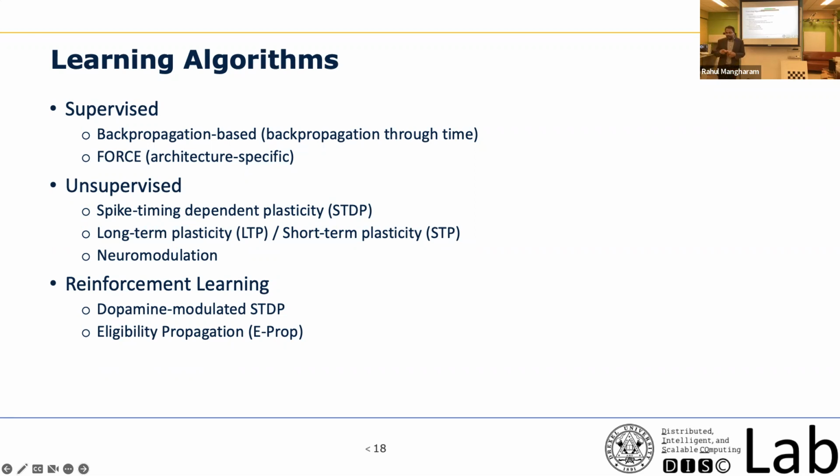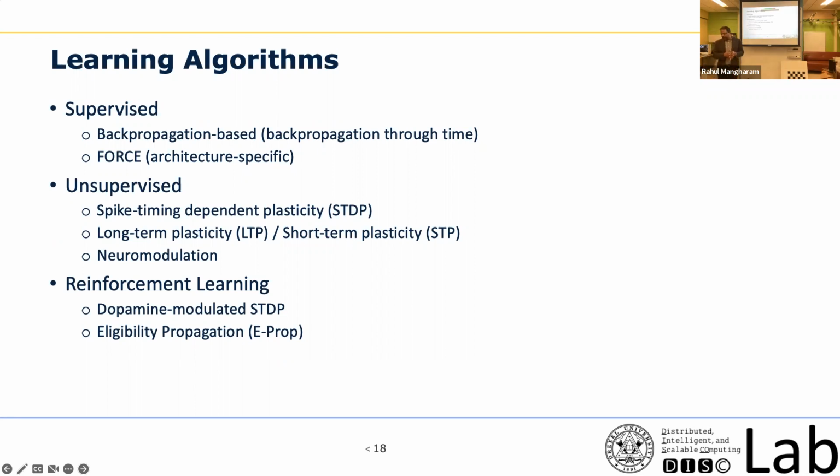I was speaking to one of the students here that neuromodulation is where we look at a pattern and then try to complete that pattern. It is a pattern completion step, and spiking neural networks are very good at it. You show a partial pattern to the neural network, and it should be able to find out what the true pattern is. That is done through neuromodulation in the human brain, and we have a similar algorithm for spiking neural networks.